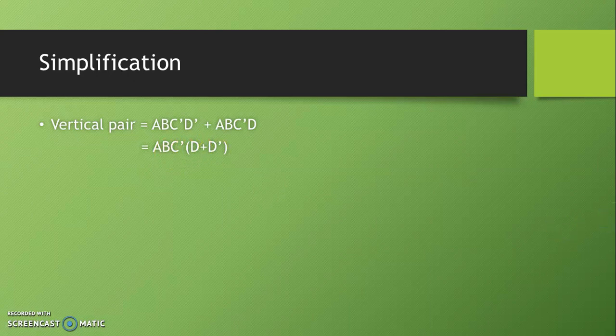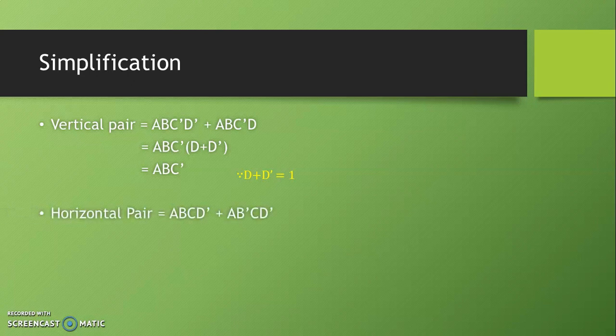If we do the further process, then we can write AB C bar because D plus D bar we know that it is 1. So we can observe that the D variable is eliminated from the Boolean expression for the vertical pair. So we know that when we make a group of pair, we can eliminate one variable.